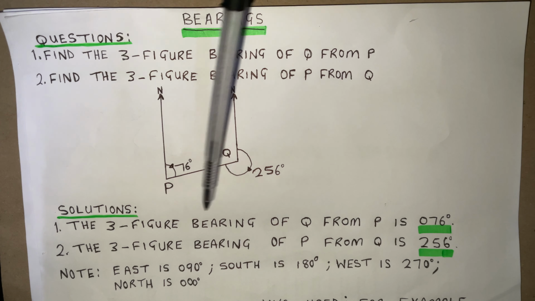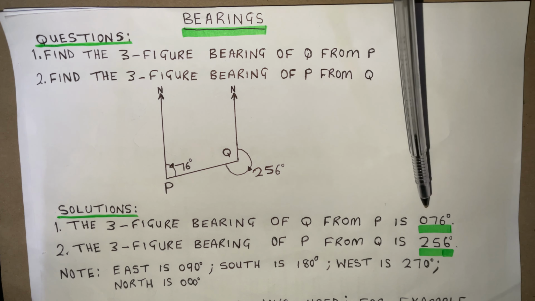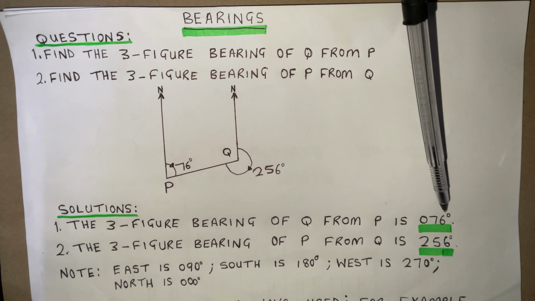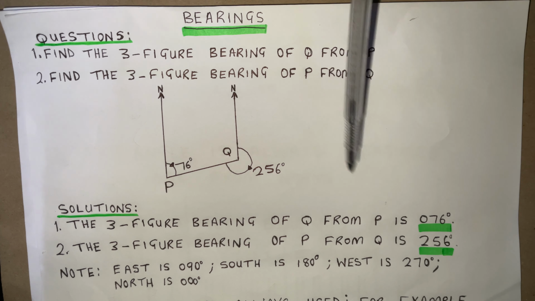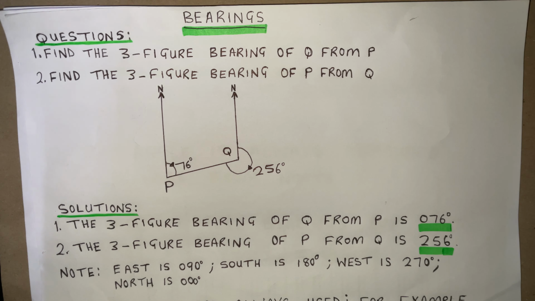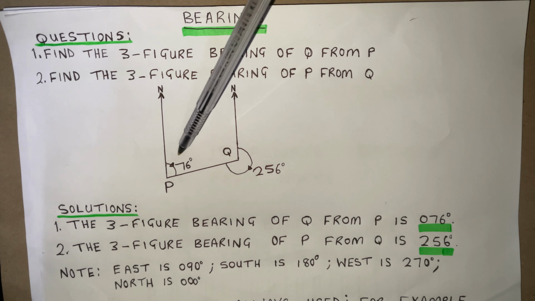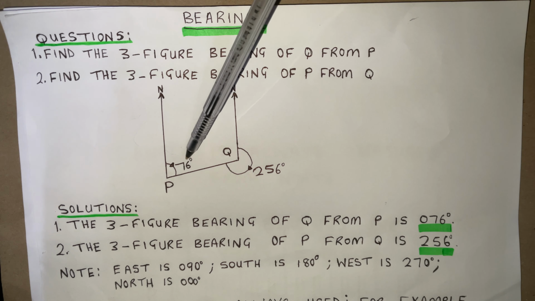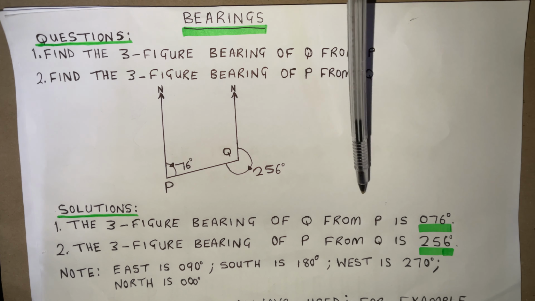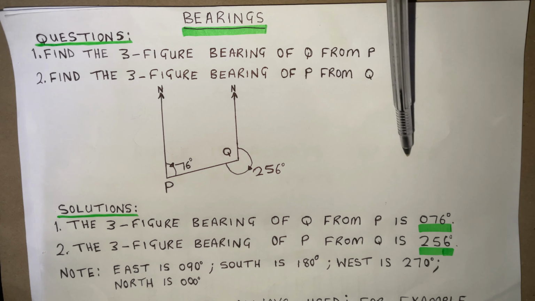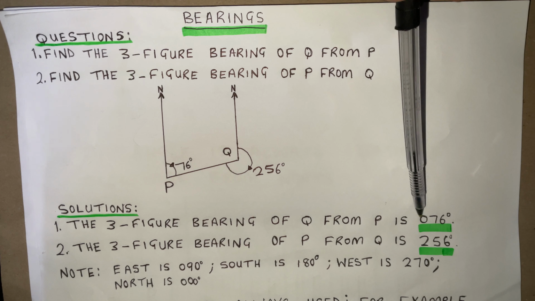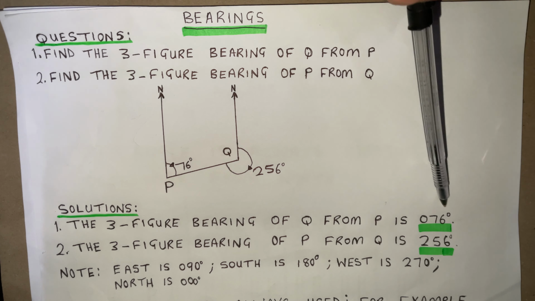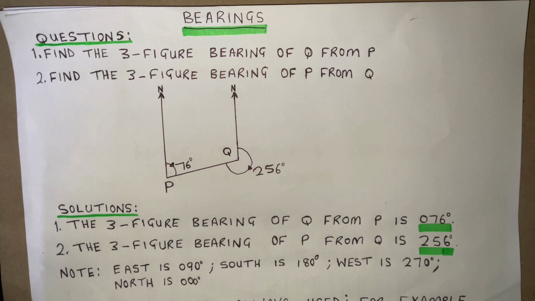The three-figure bearing of Q from P is 76 degrees. Remember, we are dealing with three-figure bearings, so we have to write our answers using 3 digits. When you measure using a protractor, you will find it is 76 degrees, but when you write the answer as a three-figure bearing, we prefix with a 0, so 076 degrees, so that we have 3 digits.